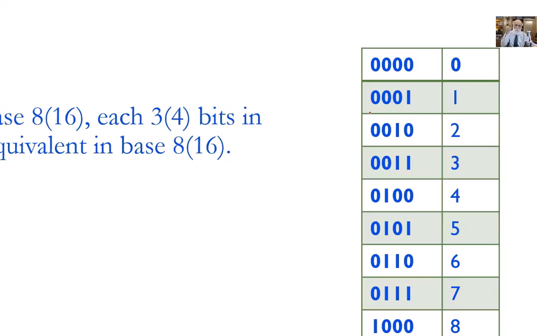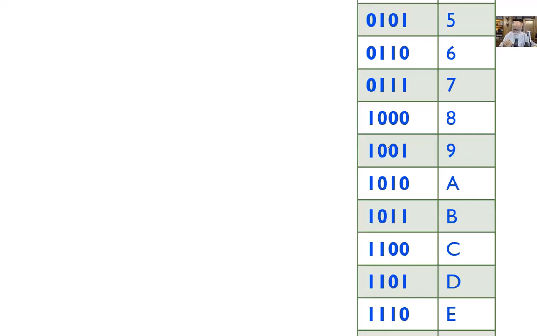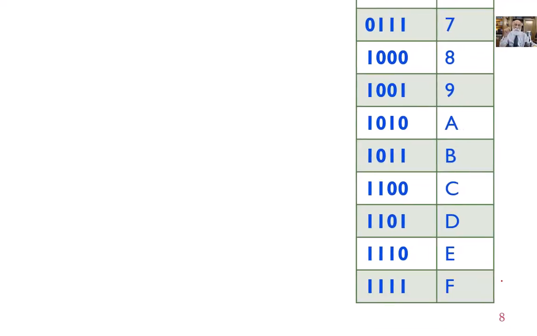0000 binary is represented by a 0. 1001 is represented by 9. 1010 is represented by A. 1111 is represented by F. That means if I take 4 binary bits and replace them with a hex digit, they don't go across other 4 bits of the binary number.